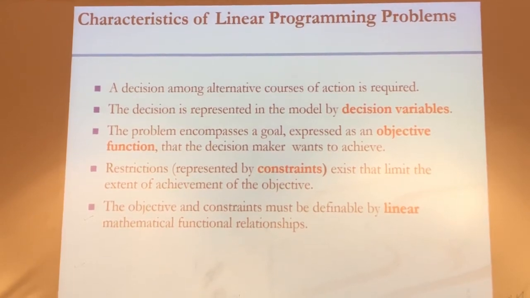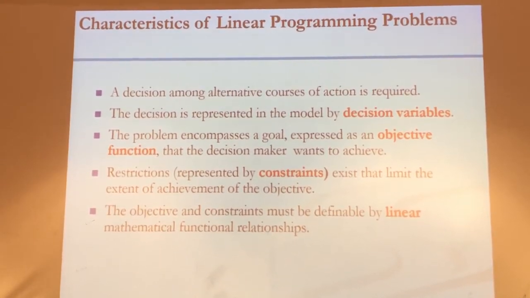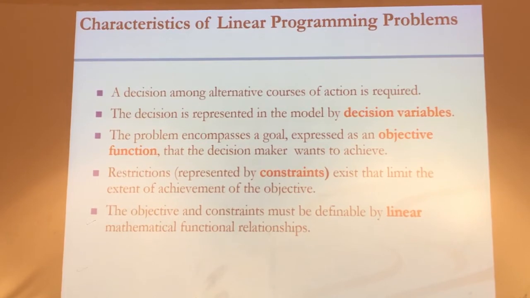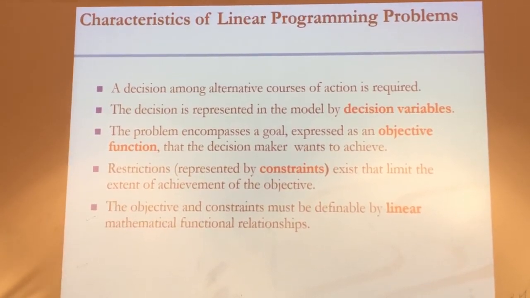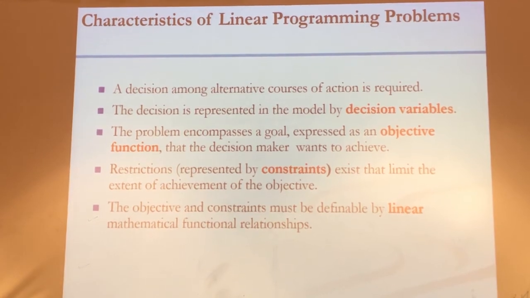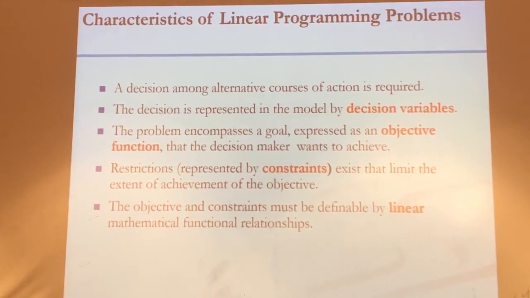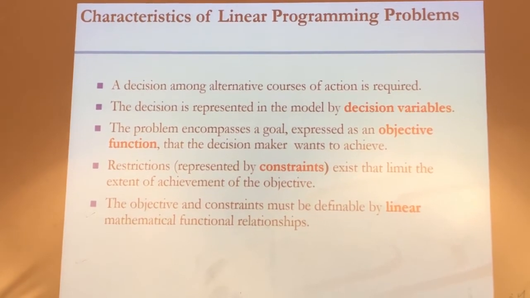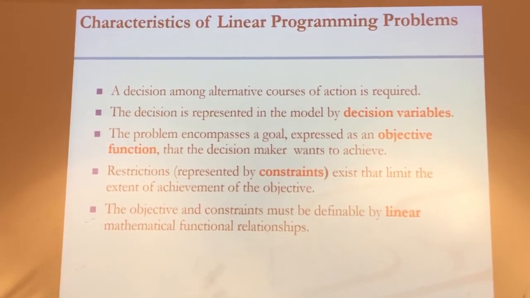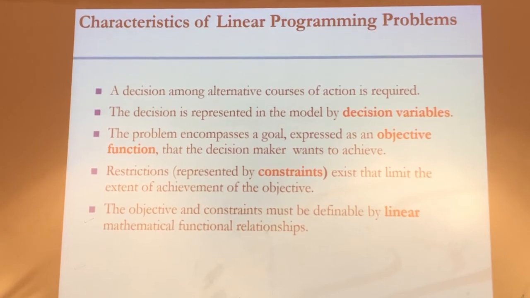Mathematical linear relationships will be there. These are the characteristics of linear programming problems. There will be alternative courses of action, decision variables to decide about, and then objective functions and constraints, all linear with mathematical linear relationships.